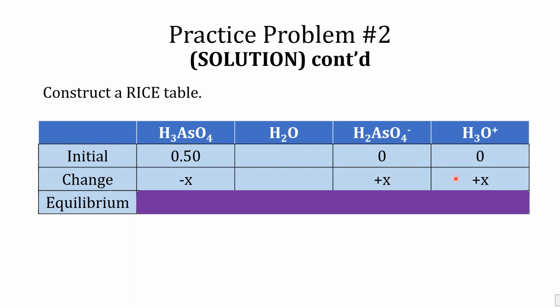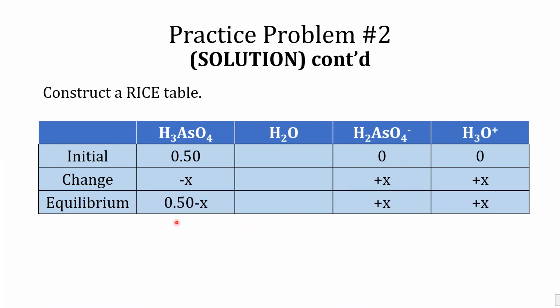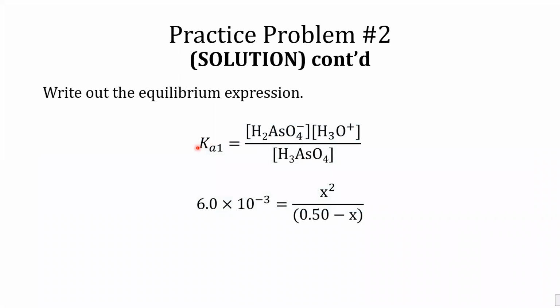The equilibrium concentrations are 0.50 minus X for arsenic acid and plus X for dihydrogen arsenate and hydronium ions. The equilibrium expression for H3AsO4 is K1 equals the concentration of dihydrogen arsenate times hydronium ion divided by the concentration of arsenic acid. In plugging in the numbers, 6.0 times 10 to the minus 3 equals X squared divided by (0.50 minus X).